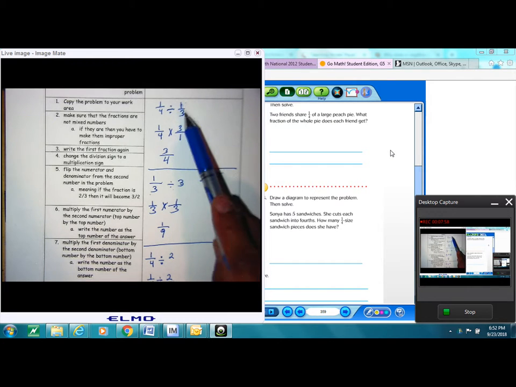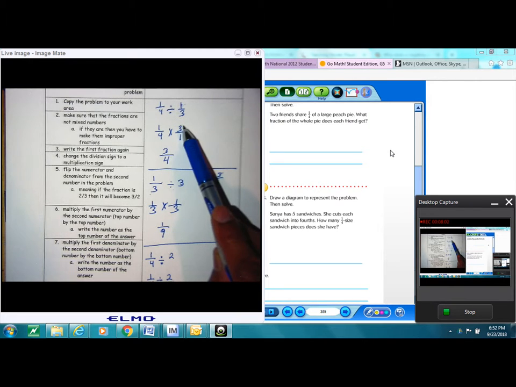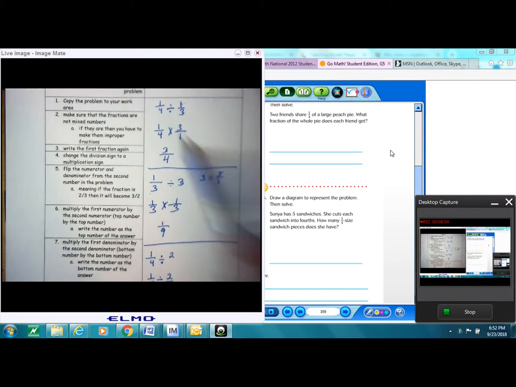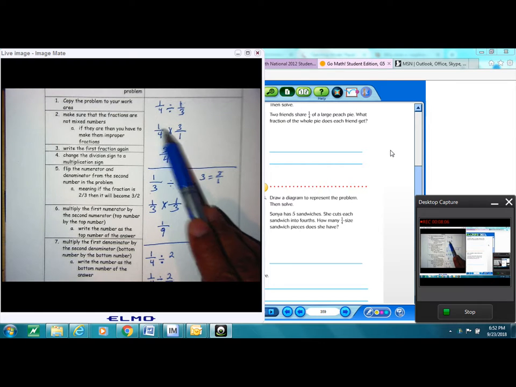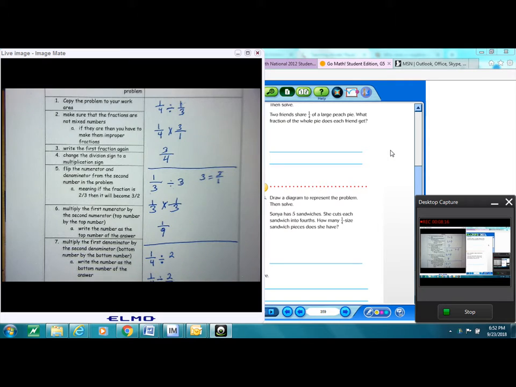This one was 1/3, and once you change this sign to a multiplication sign, you change it to 3 over 1. You multiply the top number times the top number, and you put the answer here. Then you do the bottom number times the bottom number, and you put that answer there. You have watched the videos that show you the steps on how to divide fractions.